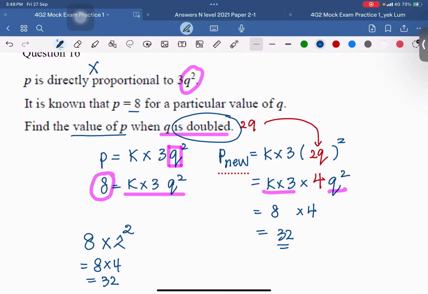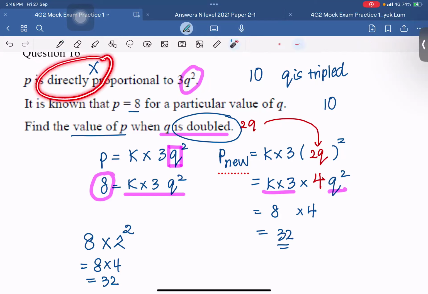Okay, so if I give you another value, let's say P equals 10 for a particular value of Q. Find the value of P when Q is tripled. How to find the answer? Take the value 10, directly proportional, correct?